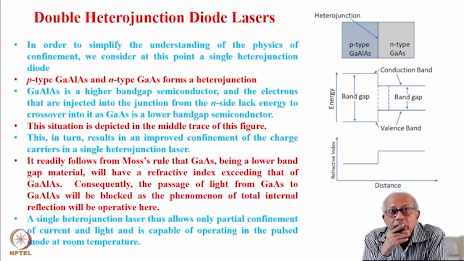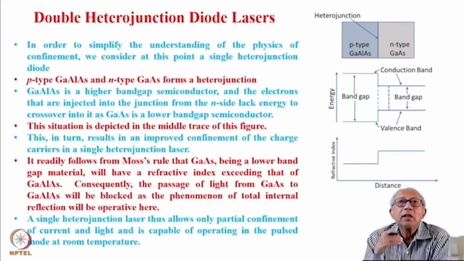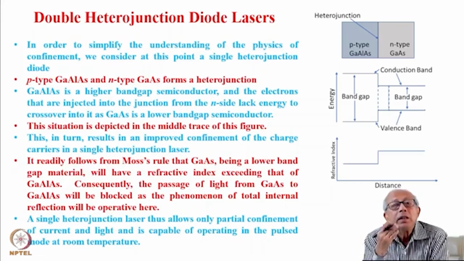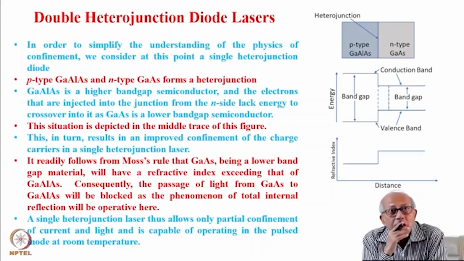Even in pulse condition, the operation is possible only when the device is cooled to liquid nitrogen temperature at 77 degrees Kelvin. That is simply because at such high threshold current operation, the dissipation of heat is significantly high.